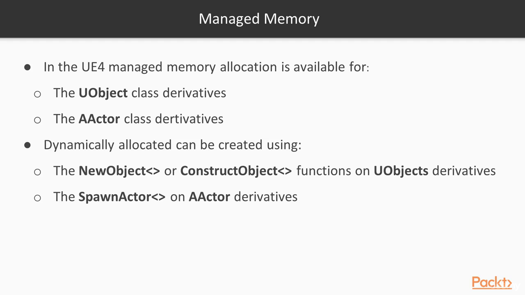So to avoid this, Unreal Engine has a layer on top of the regular memory allocation system, which basically manages your memory. The idea is that there is a system in Unreal Engine on top of the lower level memory allocation and deallocation framework that counts how many references of a certain pointer type are available.